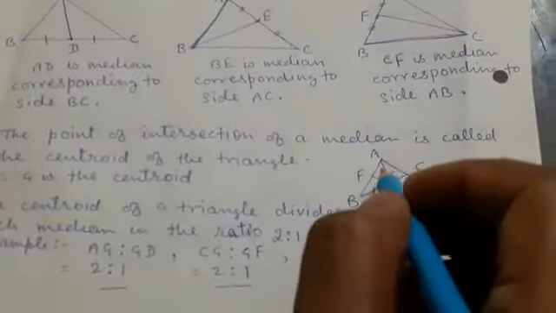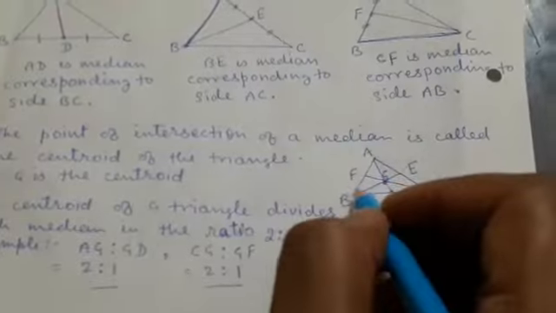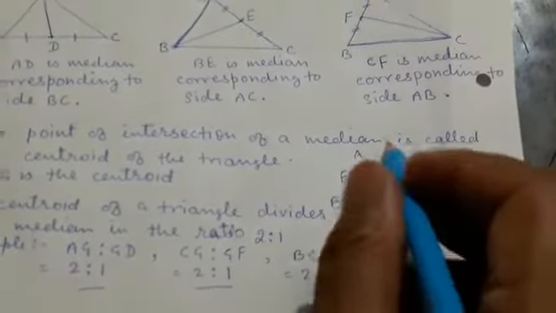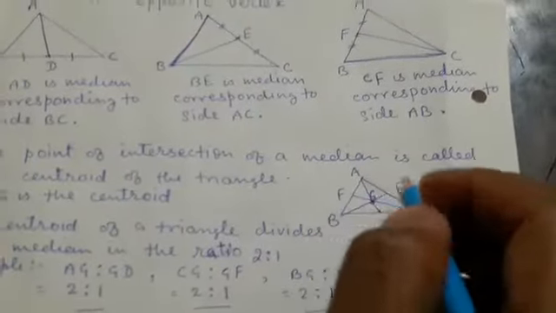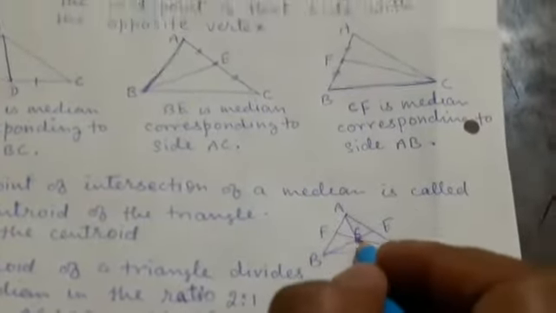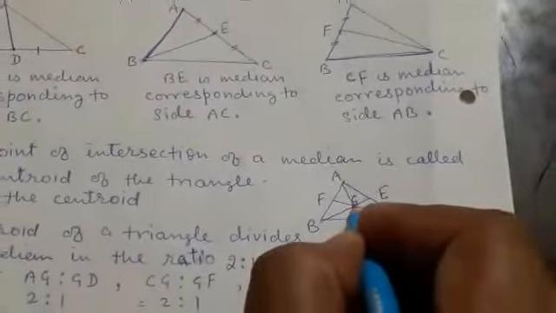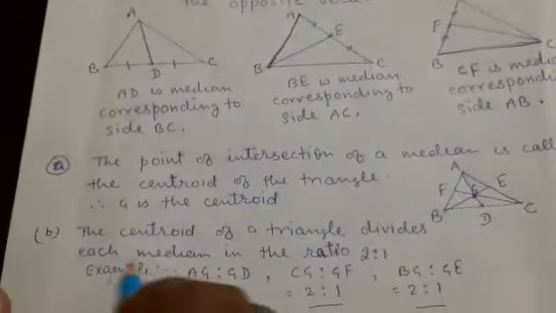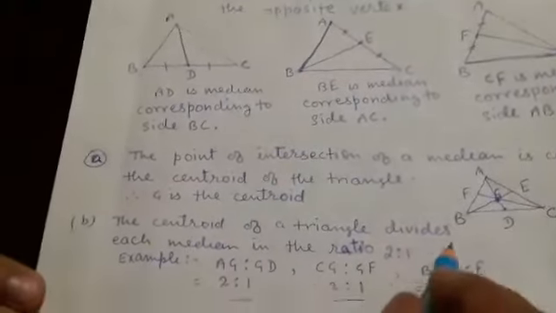See, children, in this triangle ABC, there are three medians. In a triangle, remember it, there will be three medians. All these three medians are intersecting each other at point G. So G will be the centroid of this triangle. Now, next point is the centroid of a triangle divides each median in the ratio 2:1.